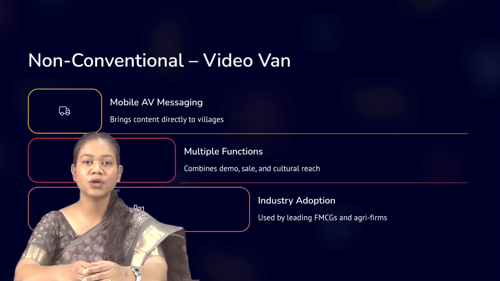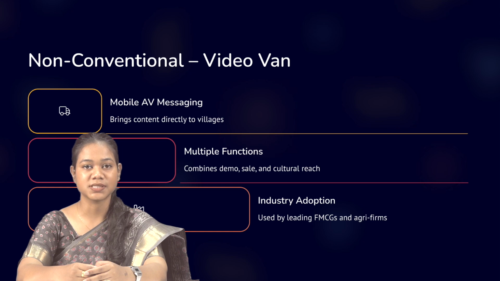A typical video van is equipped with audiovisual equipment and a large LCD screen for film presentations. Importantly, the van is also designed to accommodate product samples, merchandise for sale, and collateral materials like banners and posters, and it is operated by skilled staff trained for this purpose.